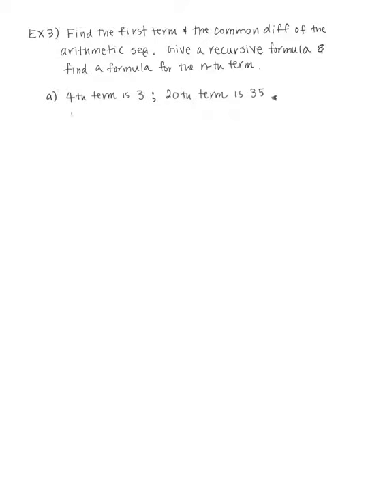Now let's note again, I'm going to write down this formula again: a sub n equals a sub 1 plus n minus 1 times d. And let's jot down what we're given. We know that the fourth term is 3, so a sub 4 is 3, and also a sub 20 is 35.